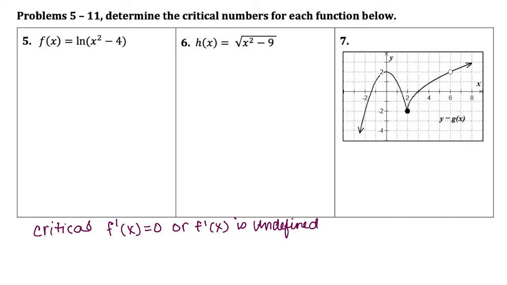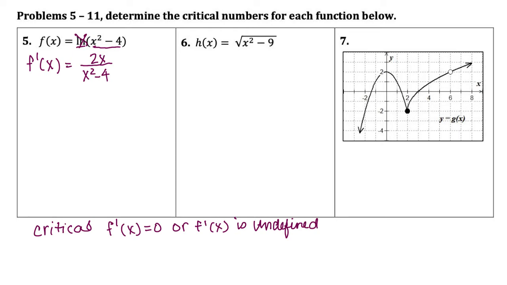So what we have to do is find f prime. So that's going to be right here, remember the derivative of natural log. You drop that natural log. You take this as the denominator, and then take the derivative to find the numerator.